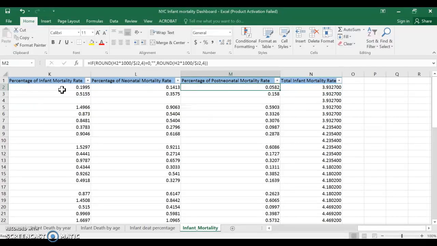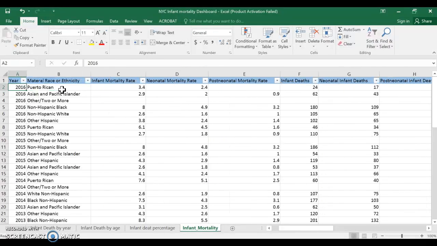Even though the data set is relatively small, just looking at it does not really make any sense to anyone unless it's summarized.